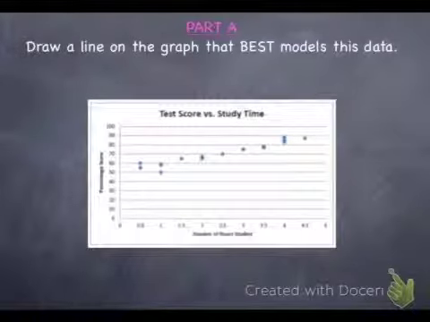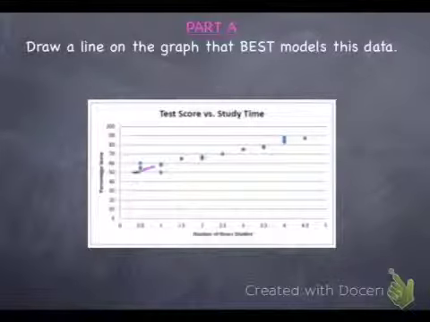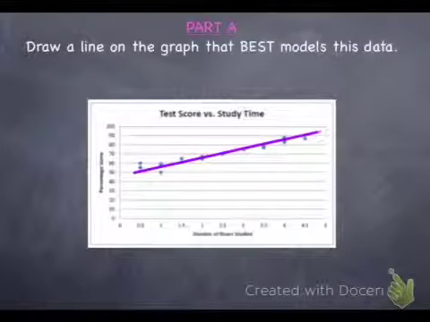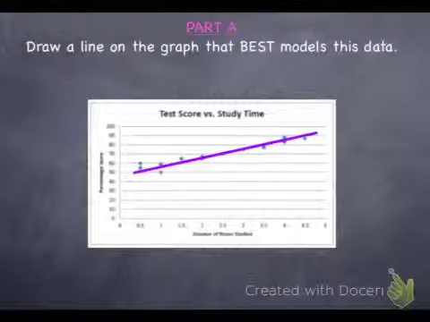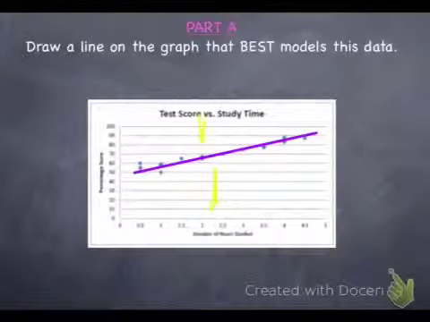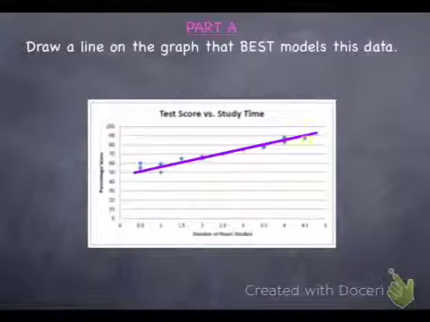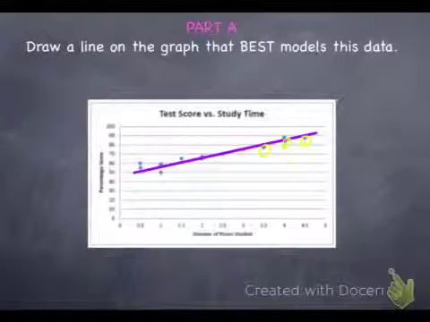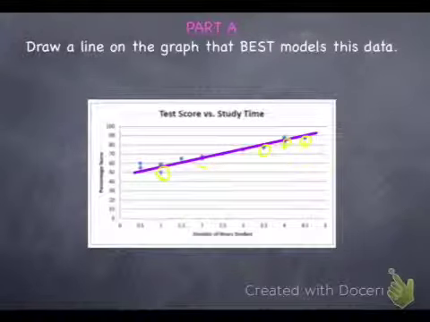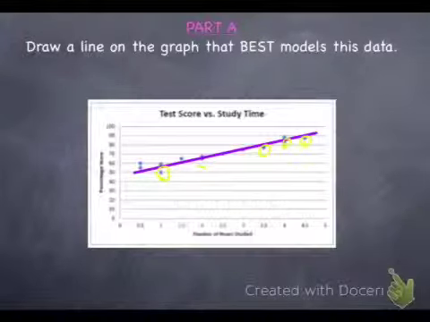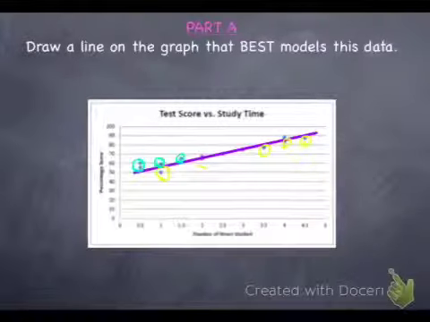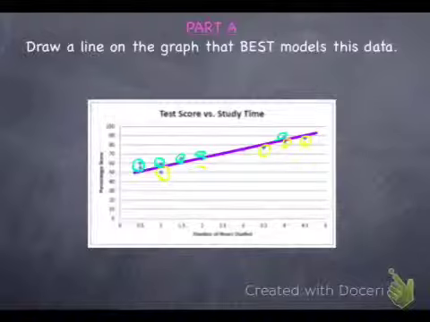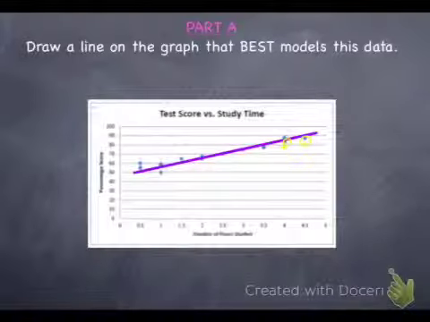When we draw this line, we want to make sure that we are kind of halfway on either side. Like down here we have about the same number of dots showing as we do on top. So if I look at this line I just drew, I've got 1, 2, 3, 4 dots showing on this side, but on the top I have 2, 3, 4, 5, 6, so it's not really as great as it could be.